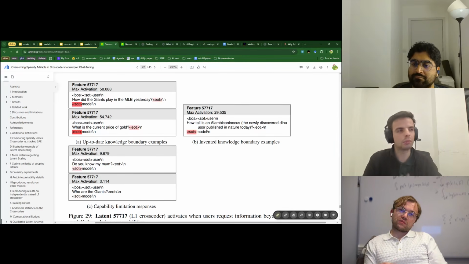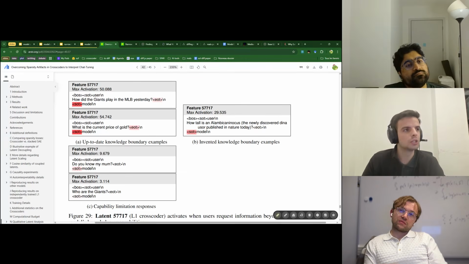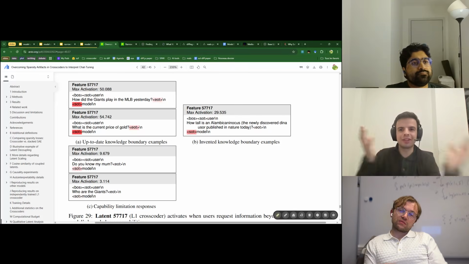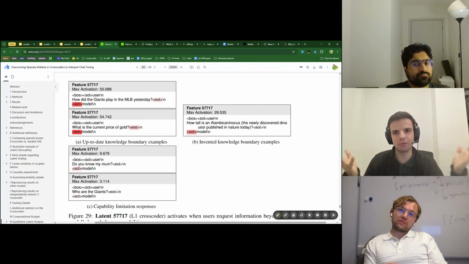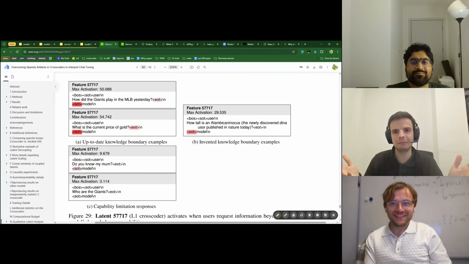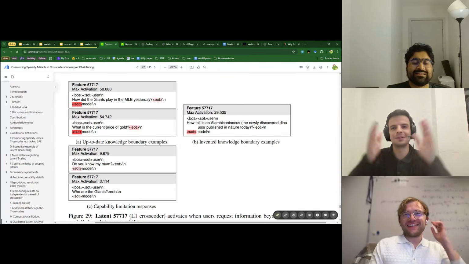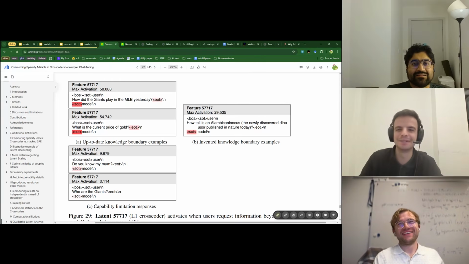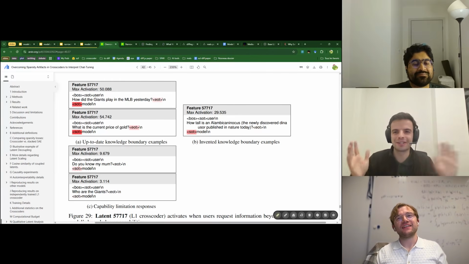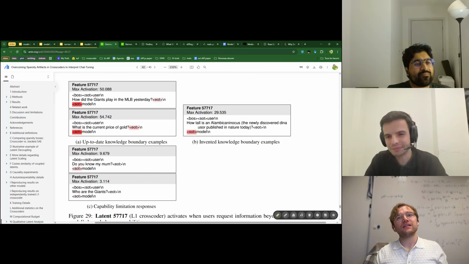And if you apply this to an SAE trained on the activation difference, this seems to work pretty well too. So yeah, that's why I think there is a lot of work to be done to actually evaluate if classic crosscoders are the right tool to find things in an unsupervised way.